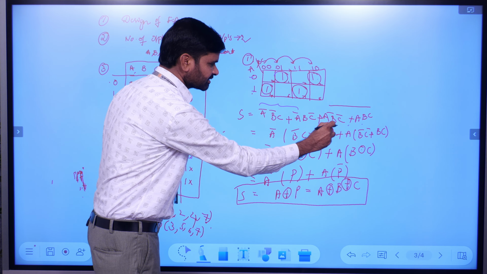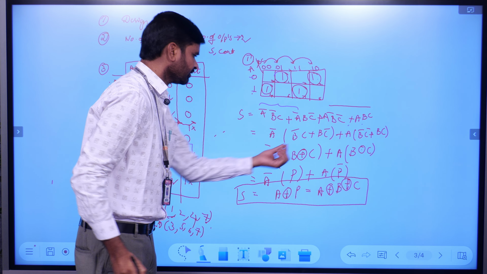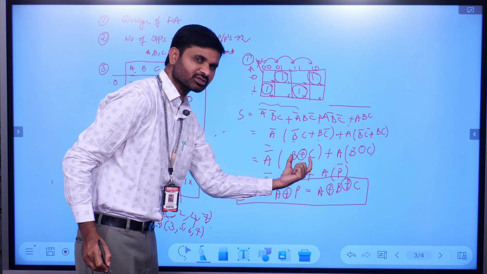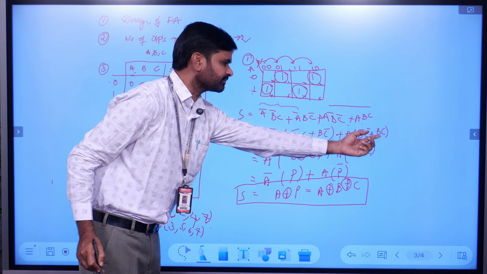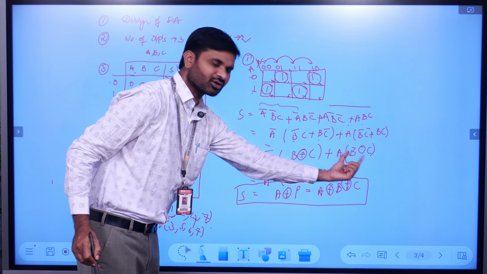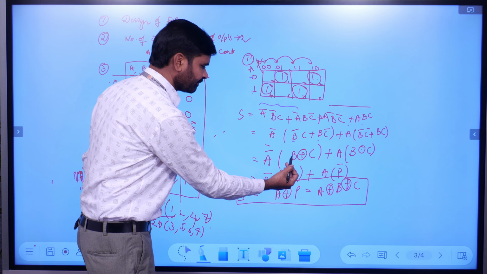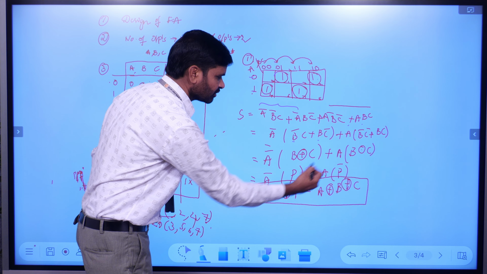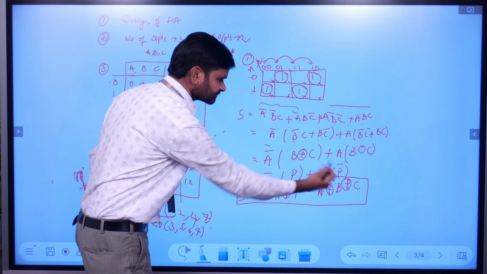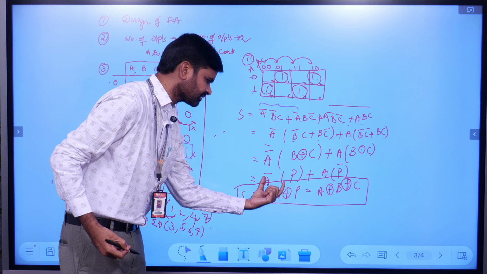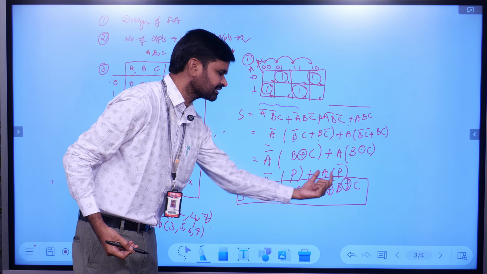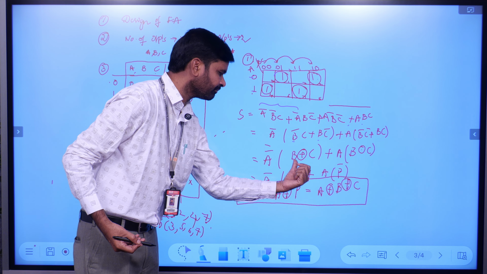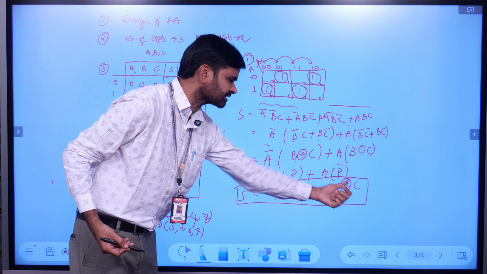So A is common means B bar C bar plus B C. If you look at the expression B bar C plus B C bar, it is equivalent to B XOR C. And B bar C bar plus B C is the complement of B XOR C. Suppose I assume B XOR C as P, then the complement is P bar. So now the final expression is A bar P plus A P bar. So it is equivalent to A XOR P. What is P? B XOR C. So A XOR B XOR C.